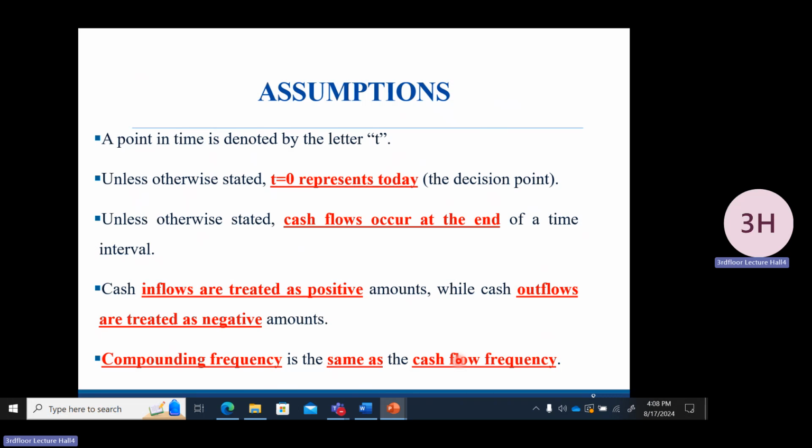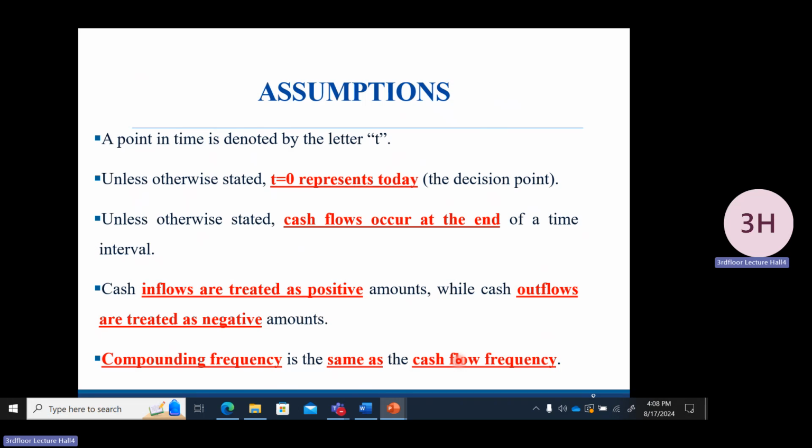So your cash flow frequency per year, how much? For a year? Cash flow frequency? 12. Monthly. At the end of each month, you deposit some money, so your cash flow frequency is 12.